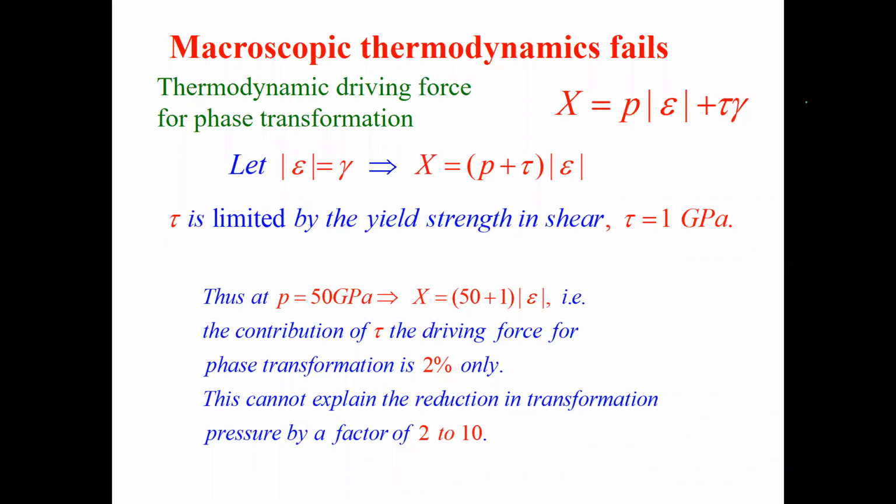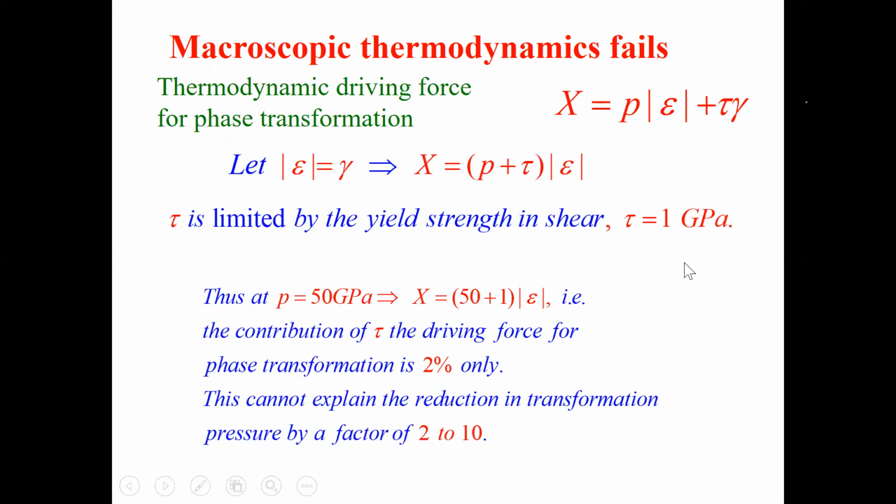Well, the main theoretical problem is that none of these phenomena can be explained within classical macroscopic thermodynamics, even if you substitute pressure and volumetric strain with stress tensor and transformation strain tensor. So this is a simple illustration. Here is the mechanical part of the thermodynamic driving force for phase transition: pressure multiplied by volumetric strain plus shear stress multiplied by transformation shear.